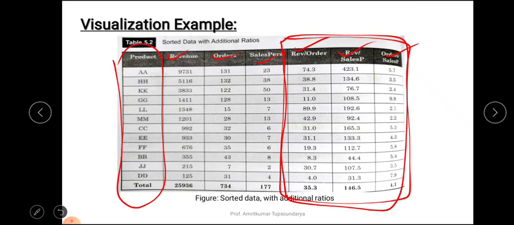As you can see, this is the sorted data with additional ratios, and there are too many numbers in these tables to observe any pattern or any trend in them. The numbers are in different scales.